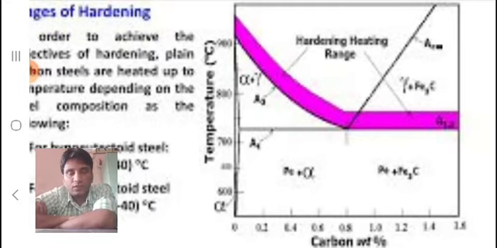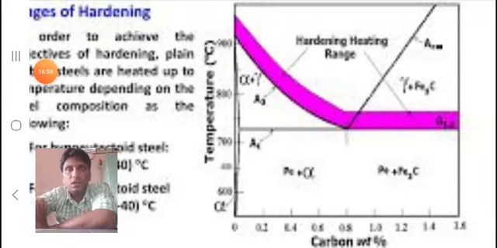Quenching the steel of any size into water is very easy, and then again heating it to a temperature zone of 300 to 350 degrees is also very easy. So this process can be adapted to any size of steel.